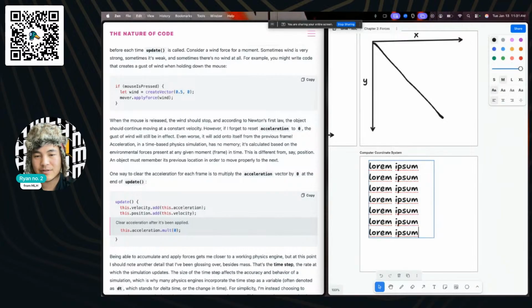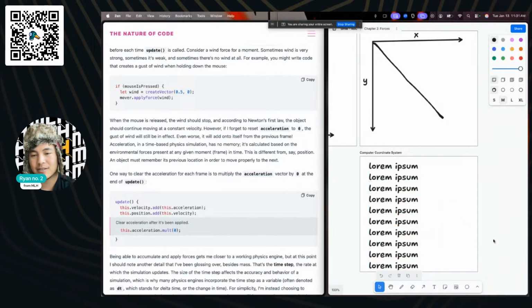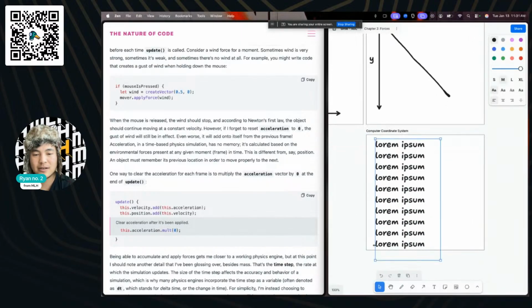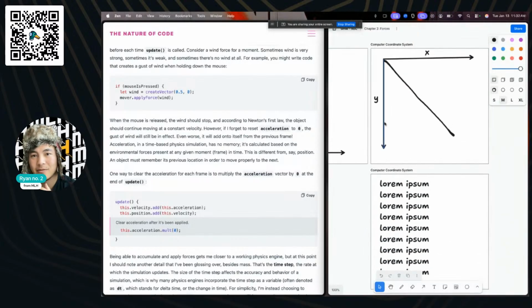If we were to continue doing this, how far deep do you think this element is from the top? That is the reason why in the P5 coordinate system, the y moves in a positive direction going down as opposed to up.